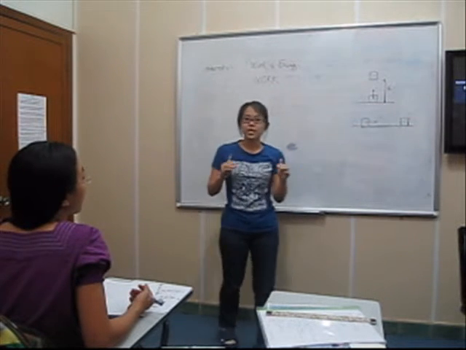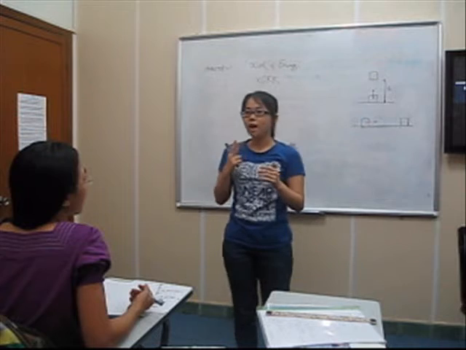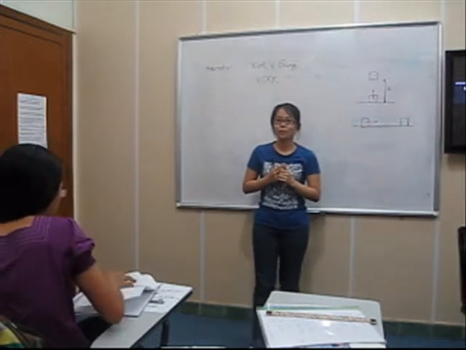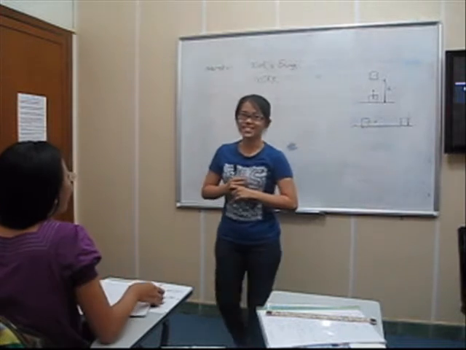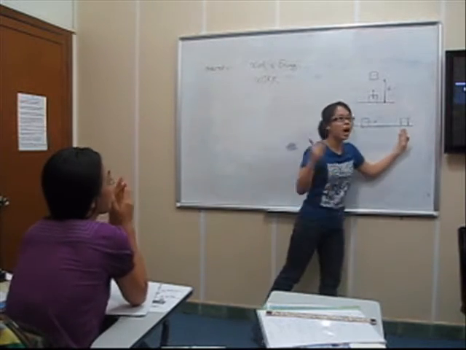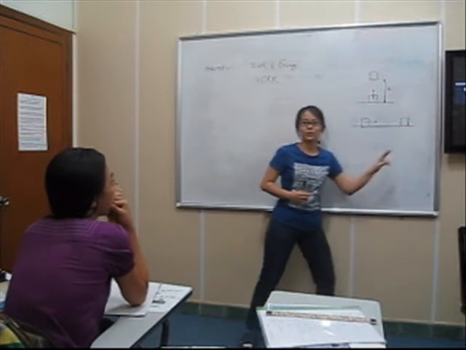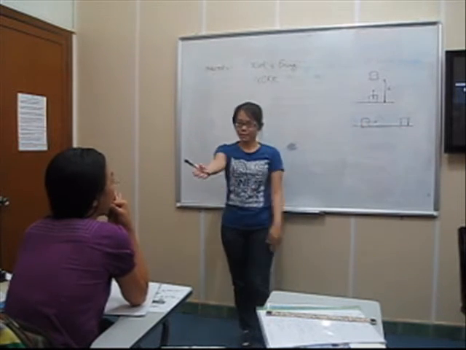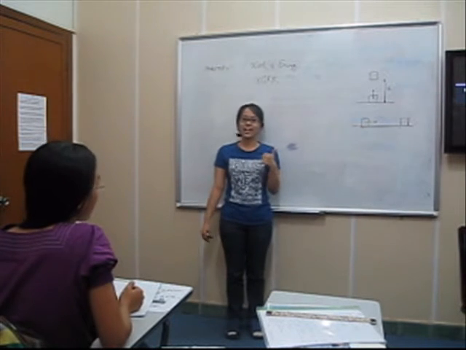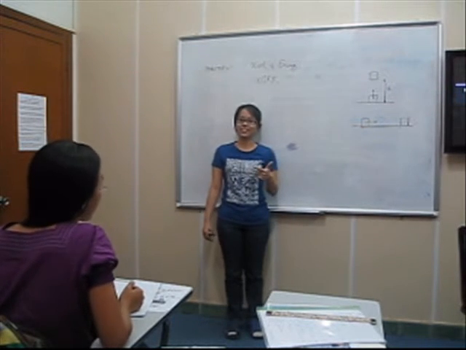So, when mentioning work in physics, there are two factors that must be considered. What are they? Who can tell me? I exert a force and move the object over a distance. So, two factors. Please. I think that they are force on the object and displacement.